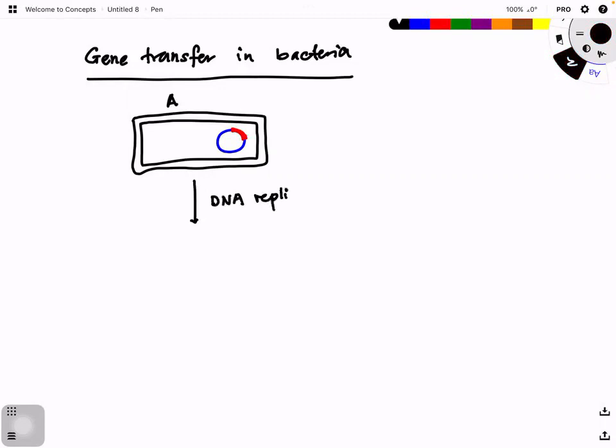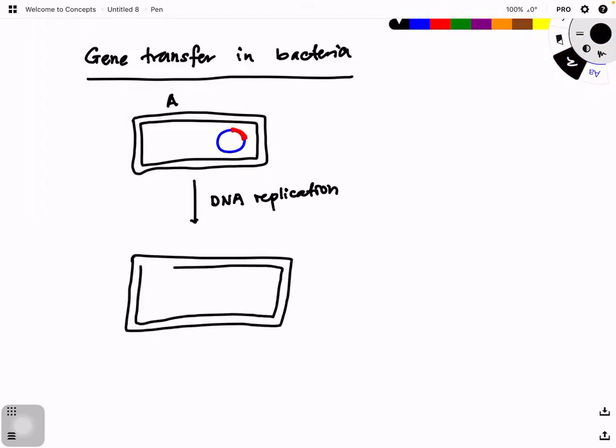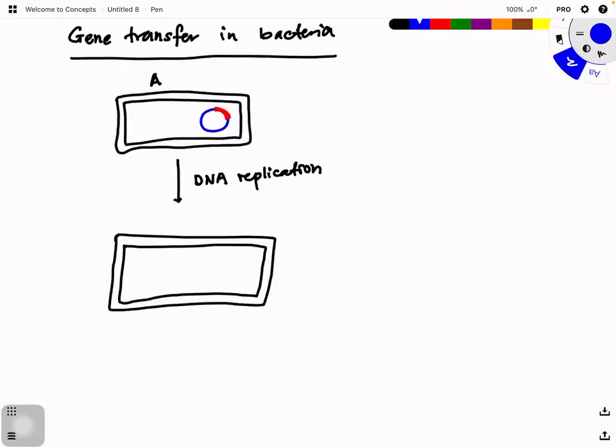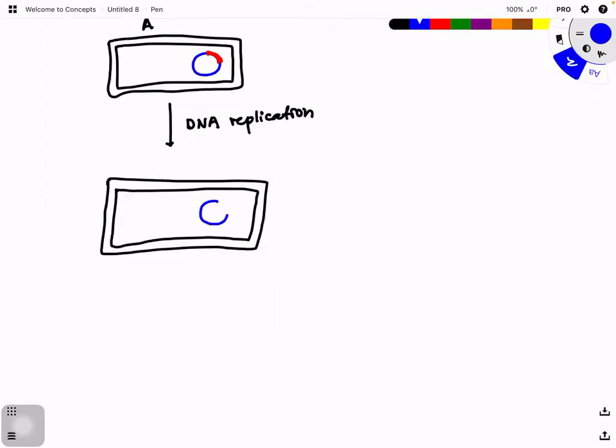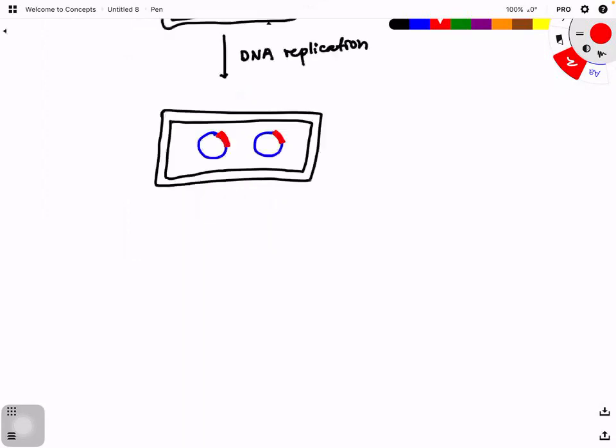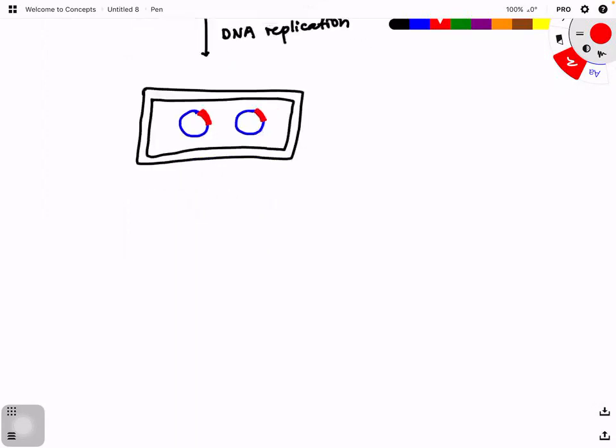When DNA replication takes place, from 1 plasmid they get 2 plasmids, or more than that actually. Can you see that? Are you clear? Why do they carry out DNA replication? They carry out replication because they want to go for binary fission.